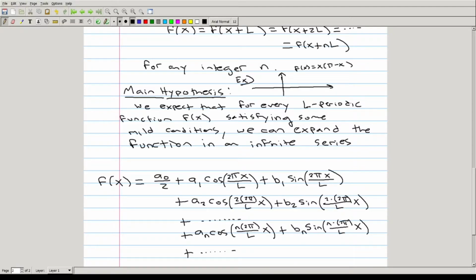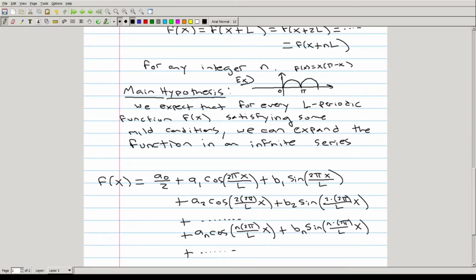This was a function that went from 0 to pi, and it looked like this. And so we expect that based on the approximation from the last lecture, if you do that approximation for infinitely many a1s and b1s, in this case just sines, and we'll see why it's just sines a little bit later on in the lecture.